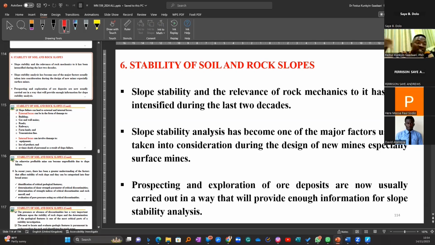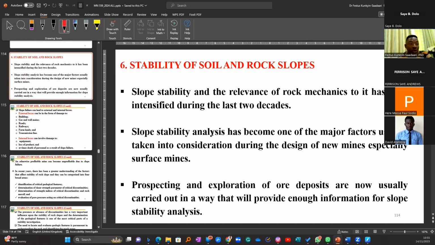And these hills we see around in our pits are what we term our slopes. Be it the ramp, our declines, whatever activity, any access route, because we are going deeper and deeper every day as we mine along. And so all our ramps, we are moving from the surface down. And so we are dealing with some kind of slopes.